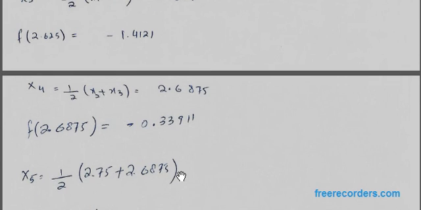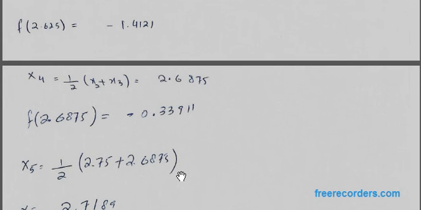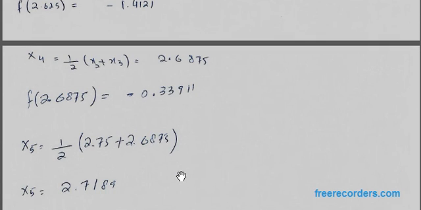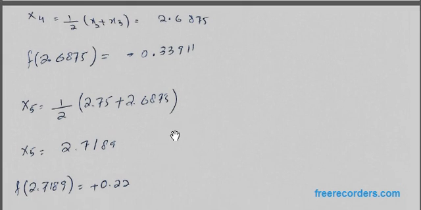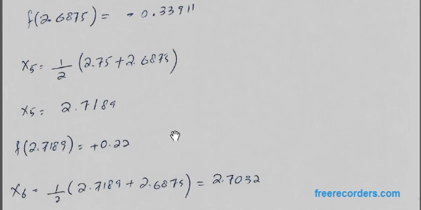So x5 is equal to half times 2.75 plus 2.6875, and it comes out as my fifth root, which is 2.7189, and f of 2.7189 is positive. It's much smaller than this value.